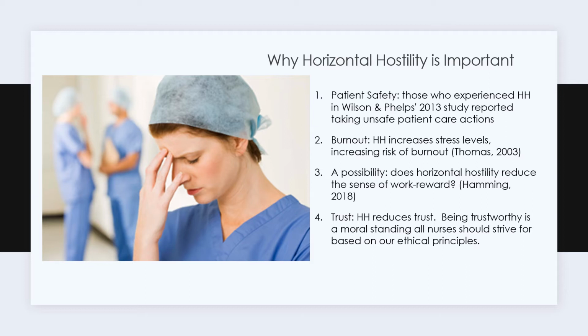Those who experienced horizontal hostility in Wilson and Phelps's 2013 study in a southwestern United States hospital reported a higher frequency of taking unsafe patient care actions, such as failing to clarify an illegible order, lifting or ambulating heavy or weak patients without help rather than asking for an assistant, using a piece of equipment they didn't have training on and figuring it out themselves rather than asking for help, and completing an order the nurse did not think was in the patient's best interest, as well as other actions and behaviors.